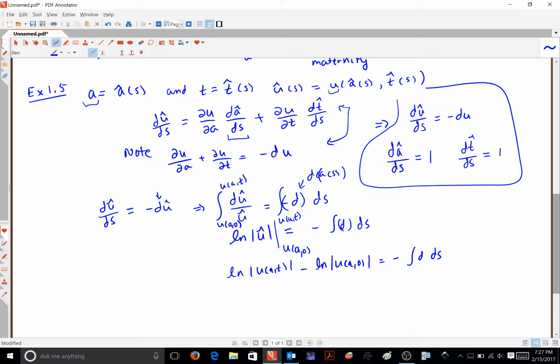Now do e to both sides of your equation. You get e to all of this is equal to e to that. But when you split this apart, you're going to get u of at. I really would like that to be added to the other side. I skipped a step in my notes.